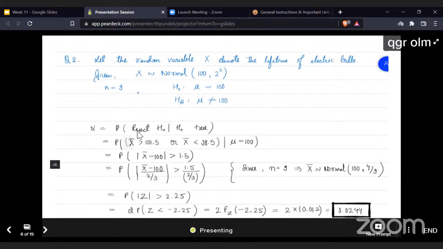So basically this can be written as mod of X bar minus 100 greater than 1.5. Is it clear till here, till the third step?